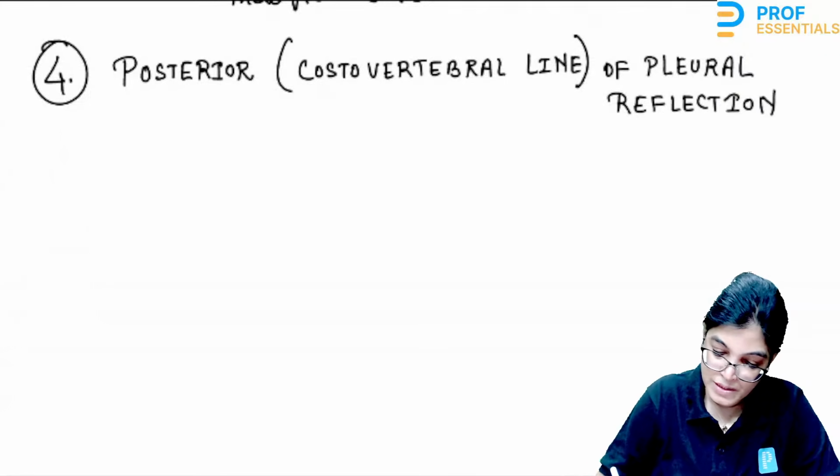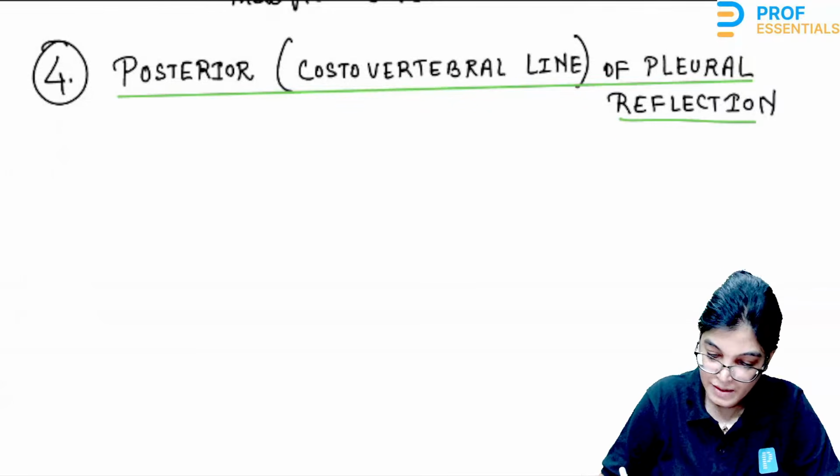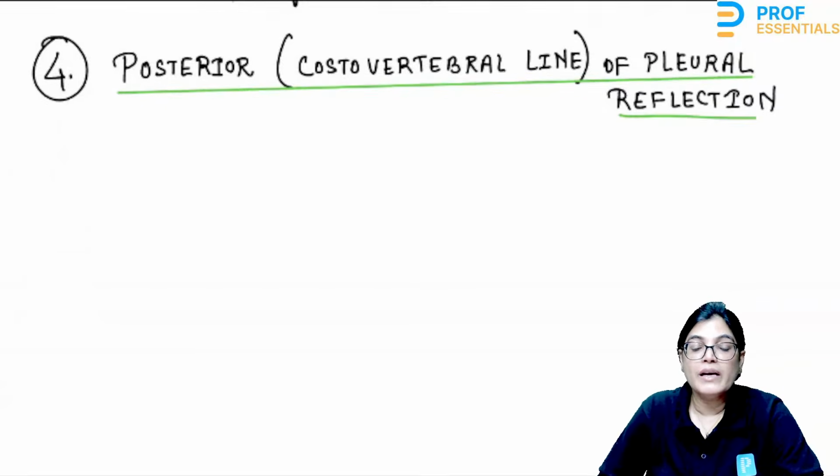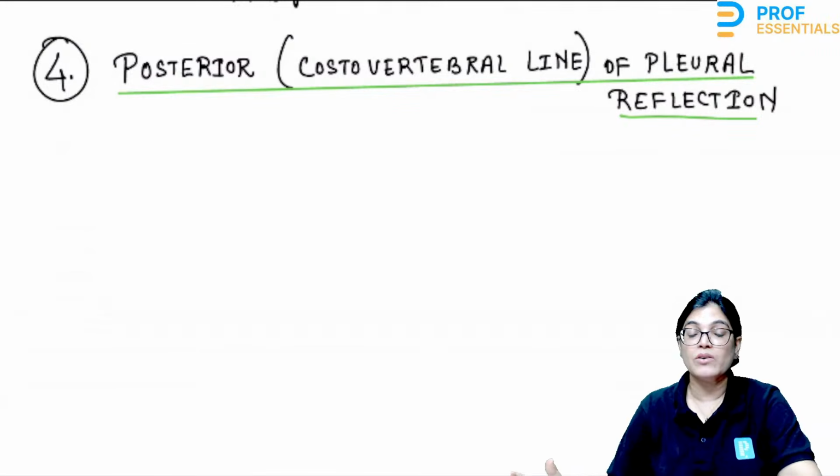Got it, my dear students? Okay. Now, if we talk about this posterior costovertebral line of pleura, it is similar on right and left side.